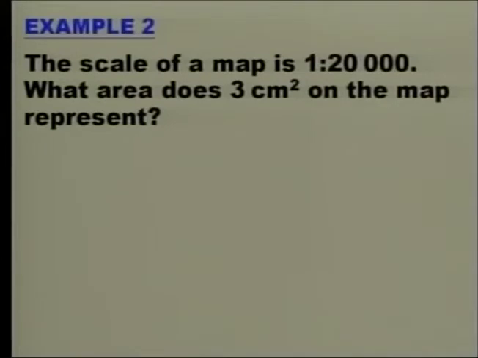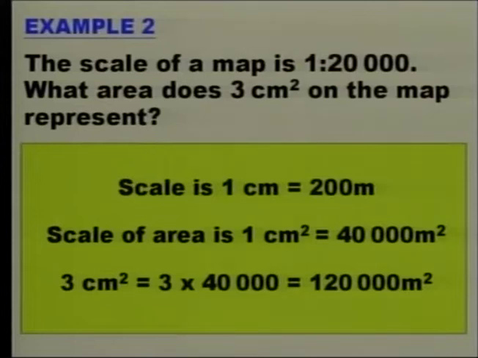The scale of a map is 1:20,000. What area does 3 square centimeters on the map represent? If the scale is 1:20,000, that is 1 centimeter to 200 meters. So the scale of the area will be 1 square centimeter.